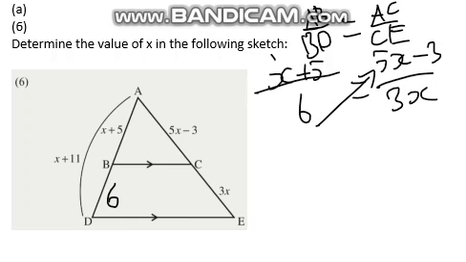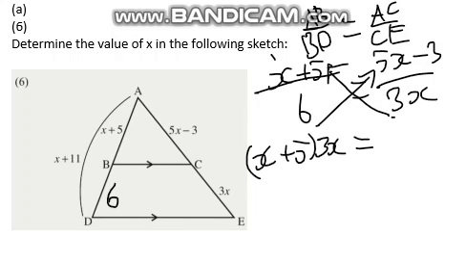So we get 6 times this over here, and we take 3x and multiply that over there. We're going to say x plus 5, multiply all that by 3x, and 5x minus 3 multiplied by 6.